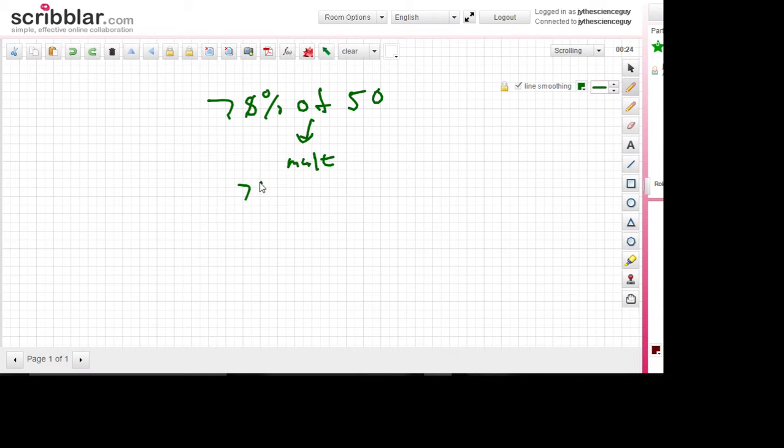I'm going to say 78% times 50. Now I can't have the percentage there, so I need to make it into a decimal. So I just move the decimal place twice that way. So I get 0.78 times 50. And I stick that in my calculator.